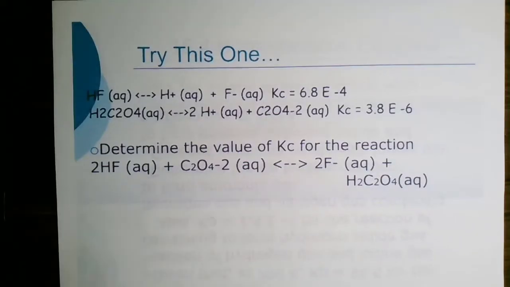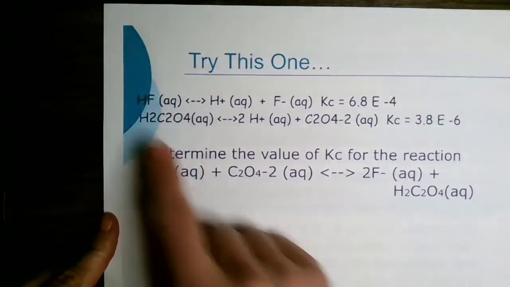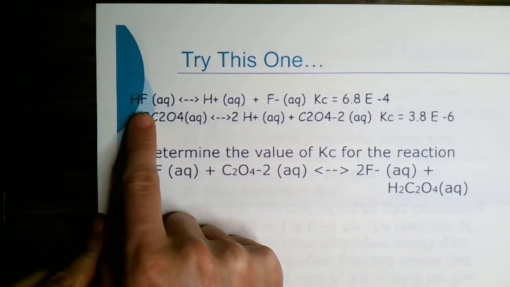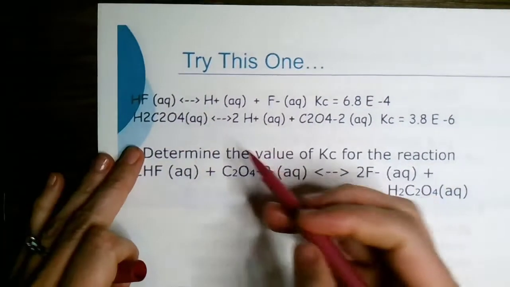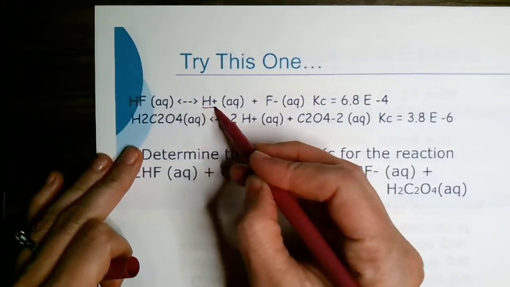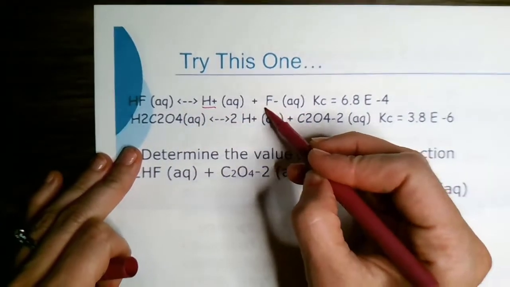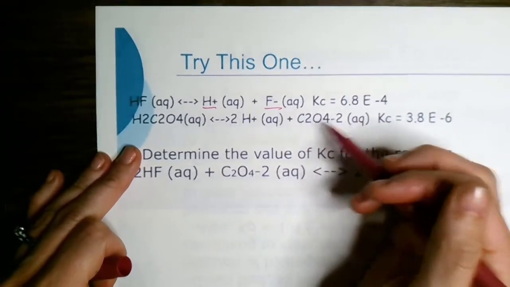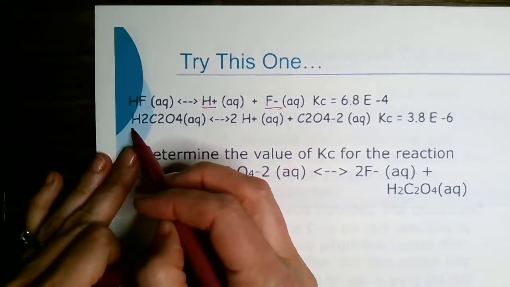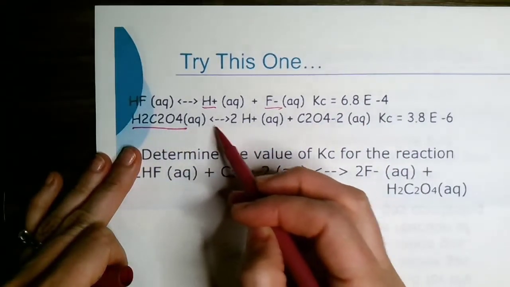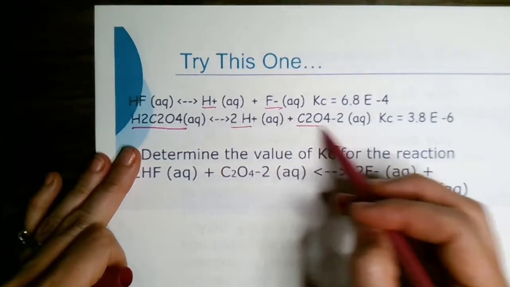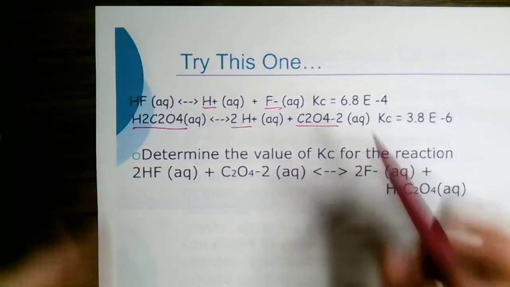All right, so let's look at an example. Let's say that I have HF in dynamic equilibrium with hydrogen ion and fluorine ion. We're given a Kc value. And here I've got H2C2O4 in dynamic equilibrium with 2 H+ and C2O4 2-.